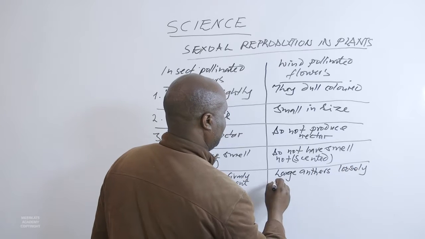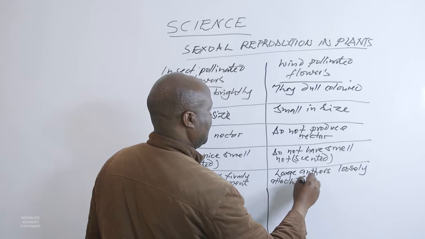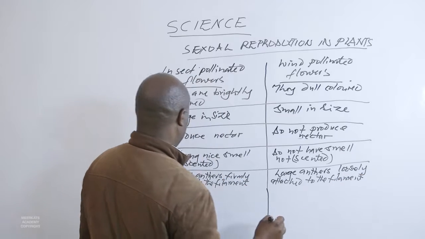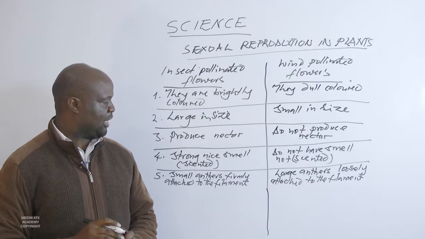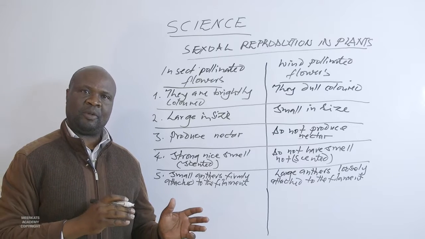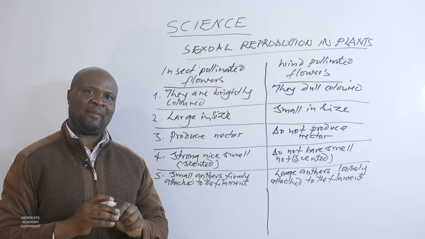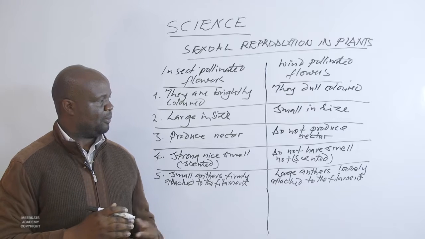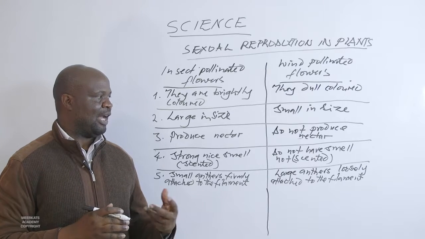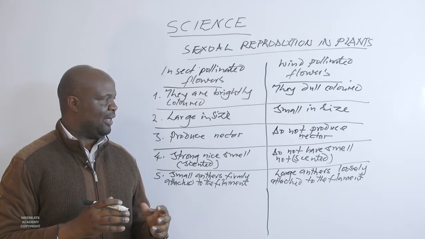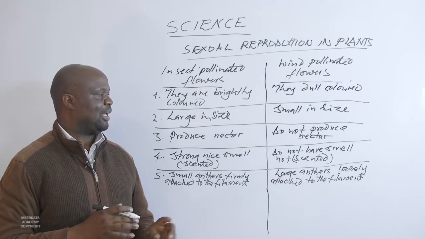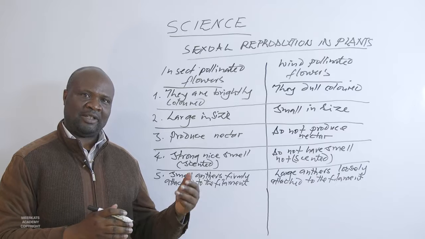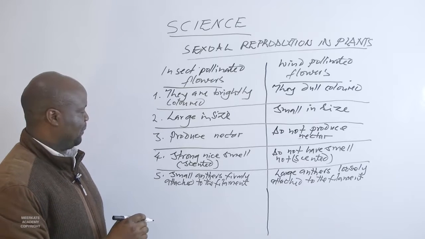So when it comes to the anthers, in insect-pollinated flowers the anther is small and firmly attached to the filament. But in the wind-pollinated flower, they have large anthers which are loosely attached to the filament so that they can easily be blown off by wind and carried nicely to the next flowering plant.